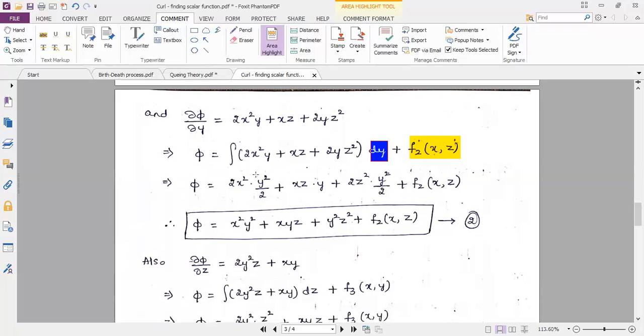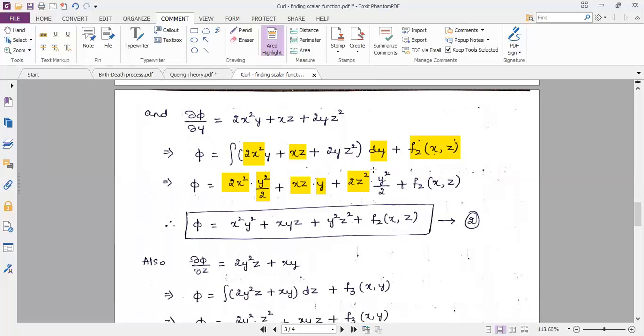Now, 2x square is a constant with respect to y, so writing it as it is. Integration of y is y square divided by 2. Plus xz is a constant, writing as it is. Integration of 1 dy is y. 2z square is a constant in the last term, writing as it is.